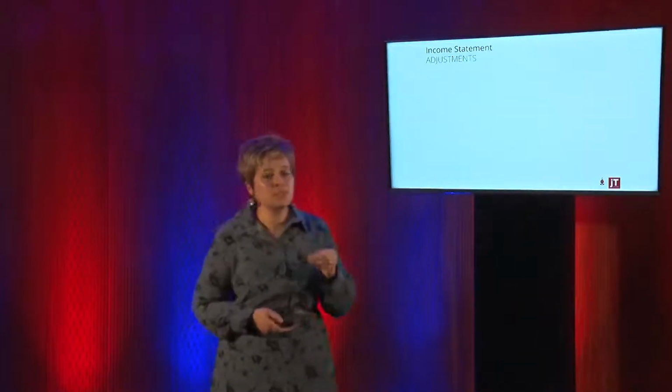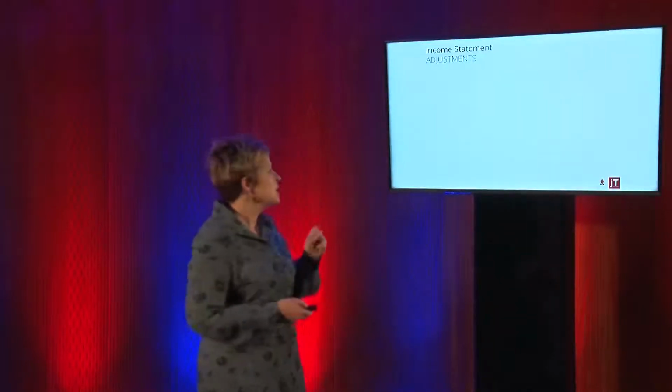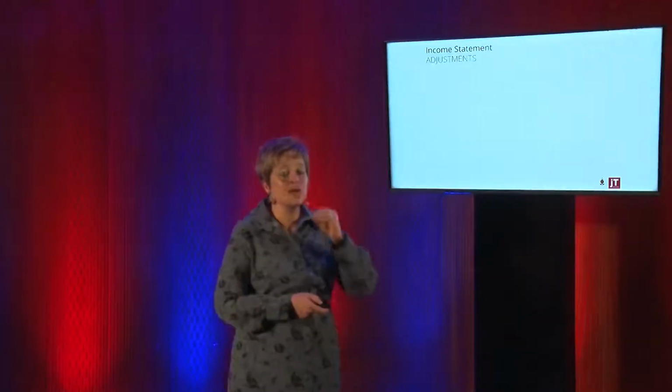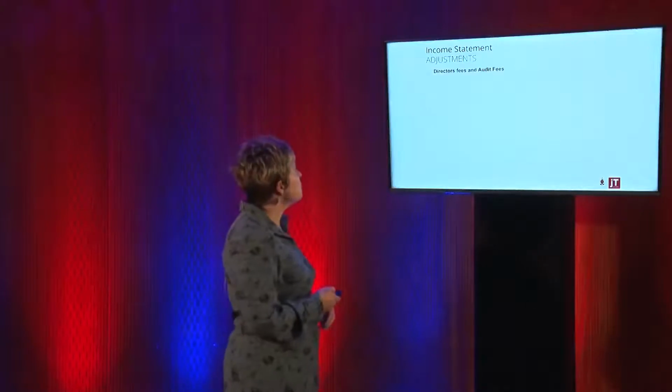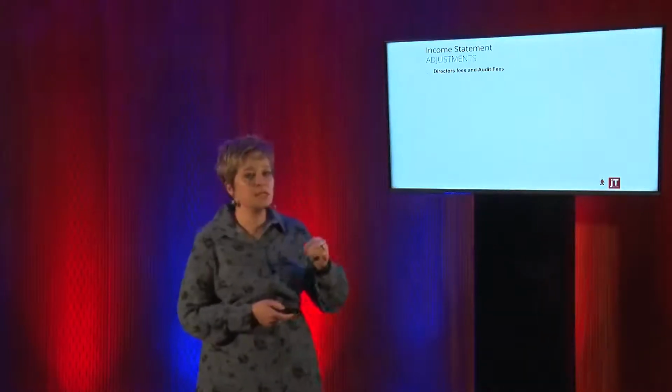Now, the adjustments on the income statement that they usually ask, specifically in matric, are the ones specific to companies. The first one we have is the directors' fees or audit fees. These calculations are usually very straightforward. The directors' fees are payable to the directors in the form of a salary, the same as with the auditors.